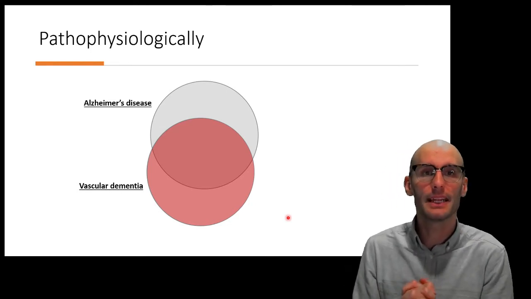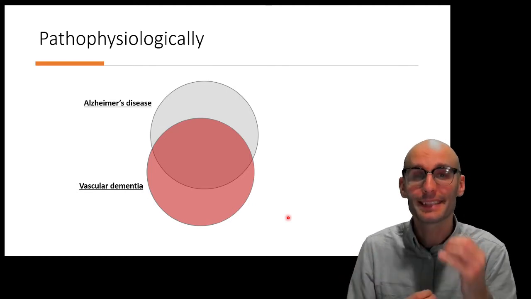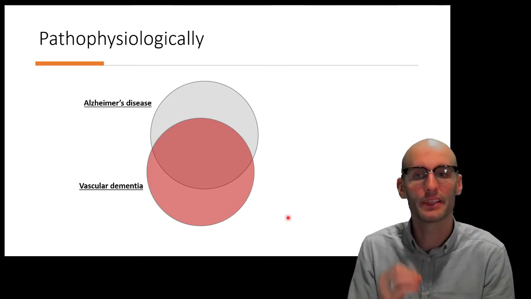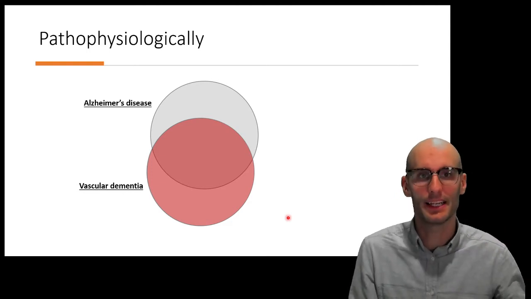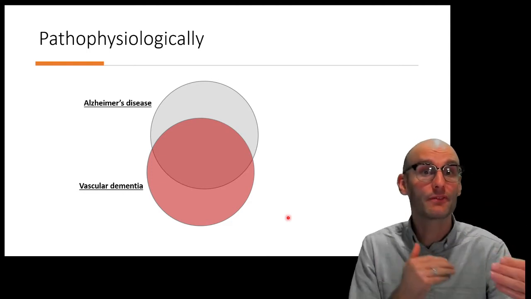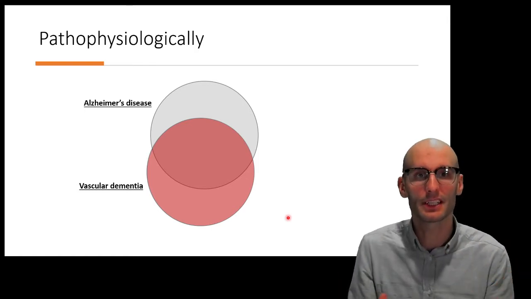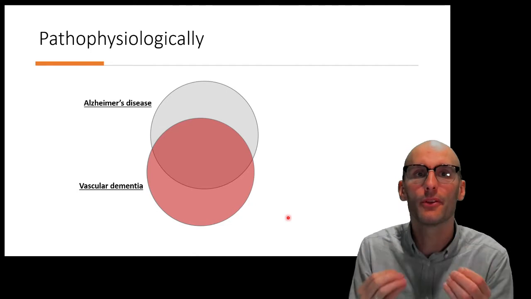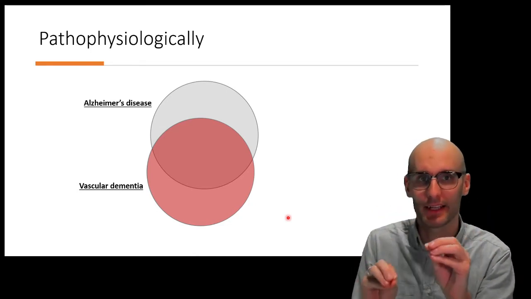So we can see that pathophysiologically, there's actually a lot going on. And it seems that some of the molecular processes that cause Alzheimer's disease may also cause vascular disease, right? And vice versa. So they start to feed back to each other. So pathophysiologically, it's often not helpful to think of some dementias as really unique, isolated dementias.